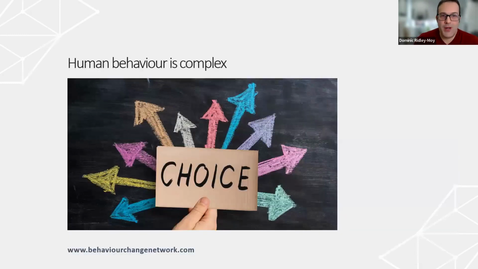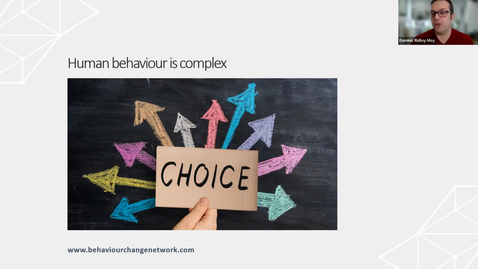If there's one thing that I want you to take away today, think when you're planning your campaigns around health, especially a social marketing campaign, remember that human behaviour is really complex, and that we make something like 35,000 decisions a day. So there's a lot of choices we make as we go through the day.